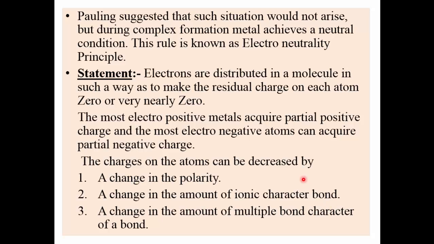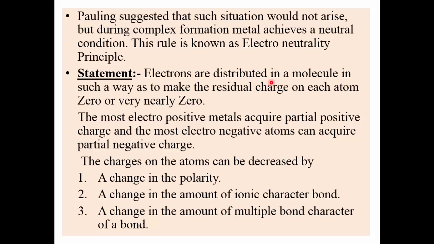But the scientist Pauling suggested that such a situation would not arise, but during complex formation, the metal achieves a neutral condition, and this rule is known as electroneutrality principle. Let us see the statement of this principle.